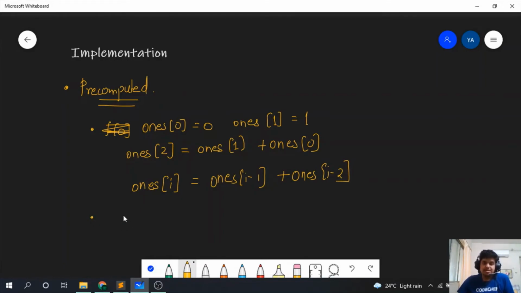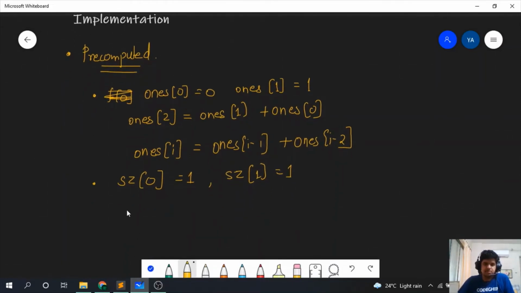Okay. Then the second thing is the size. So what is the size? So we have to pre-compute the size of the string. So size of 0, it is 1, and the size of 1 is also 1. Now what is size of 2? It is the size of 1 plus size of 0.